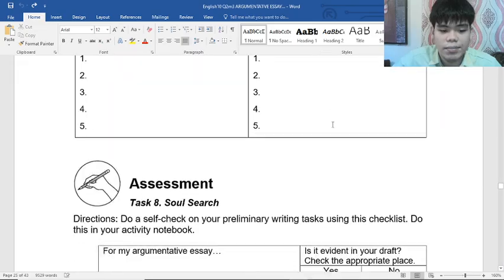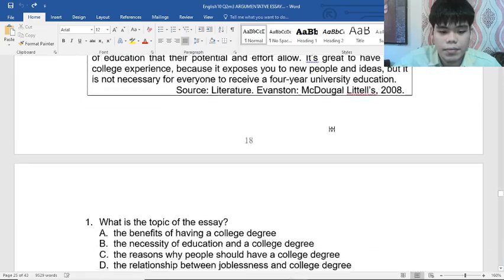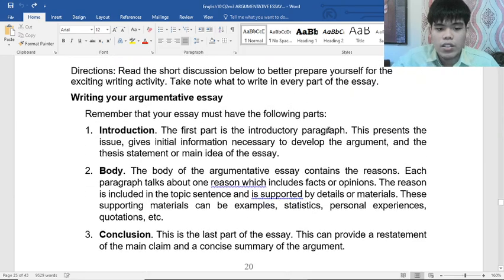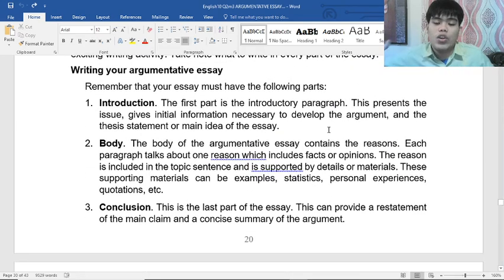Okay, moving on. So again, just to restate it, the following are not only the parts of an argumentative essay. These are the parts of every essay; the content is the only thing that changes. We have the introduction, the body, and the conclusion.